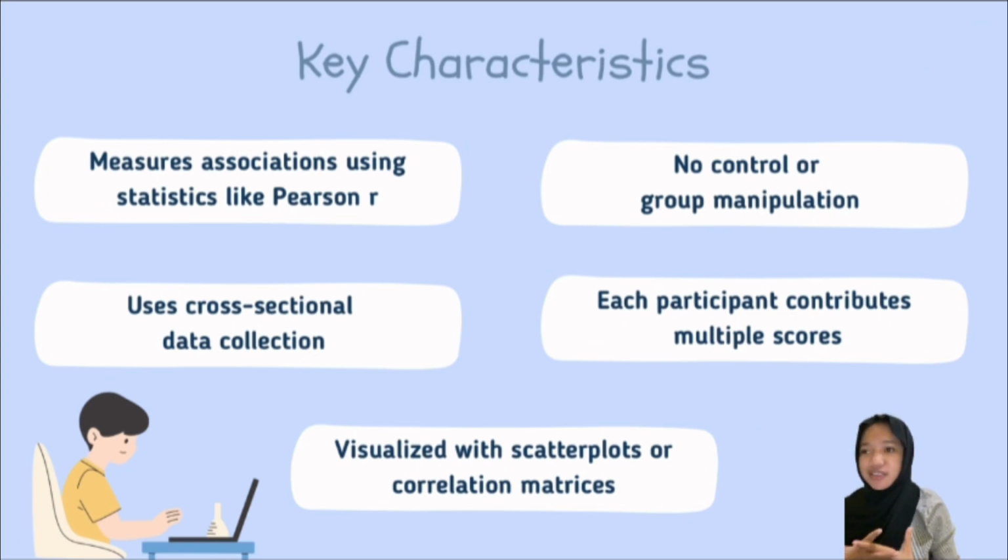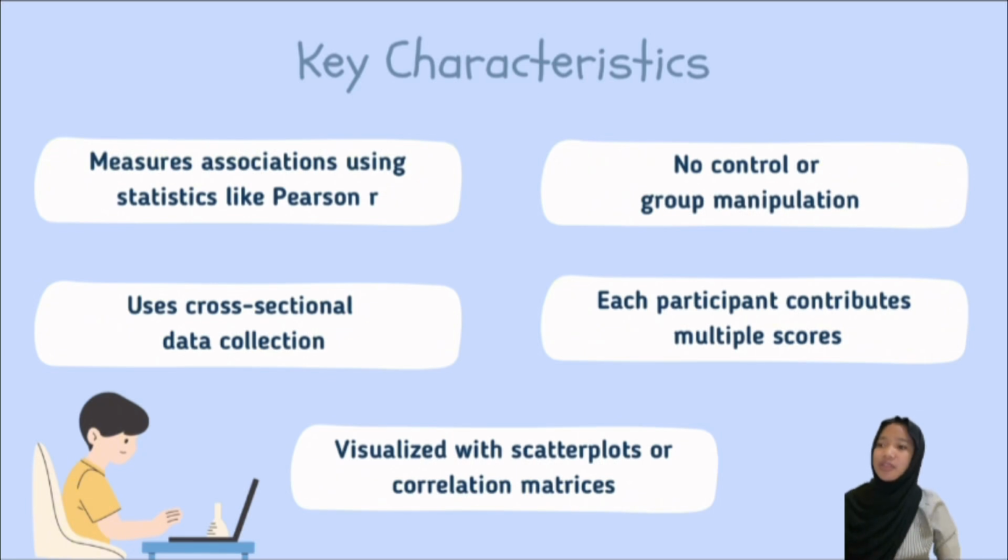Correlational designs have several distinct characteristics, and in this slide we have five. First, they rely on statistical measures like Pearson r to show the strength and direction of the relationship. Second, they are non-experimental, meaning no groups are created or manipulated.